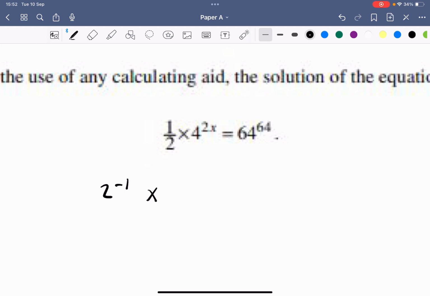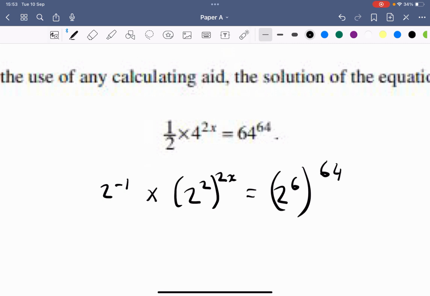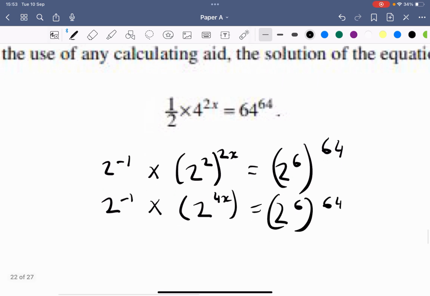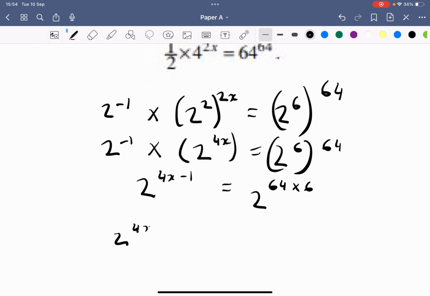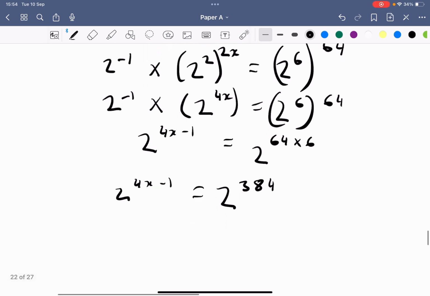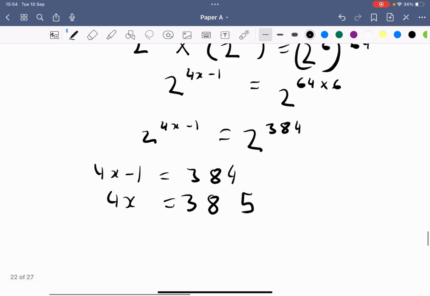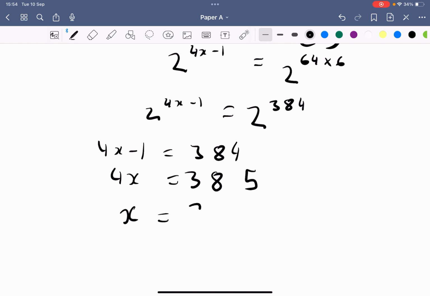I'm going to write 4 to the power of 2x as 2 squared to the power of 2x, and I'm going to write 64 to the power of 64 as... Alright, so from here I'm just going to combine this power in the brackets, and then from here what I can do is add these powers, so I get 2 to the power of 4x minus 1 equals 2 to the power of 384, and then what I can say is 4x minus 1 equals 384, 4x equals 385, and then x equals 385 all over 4, right?